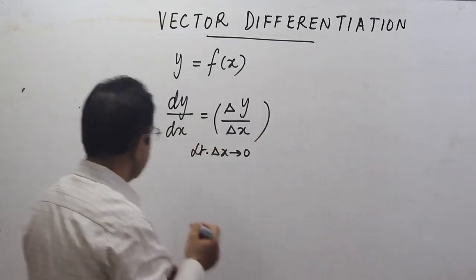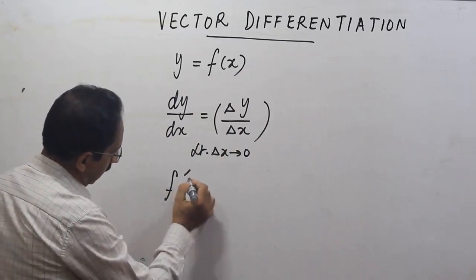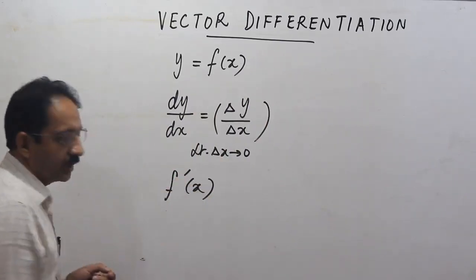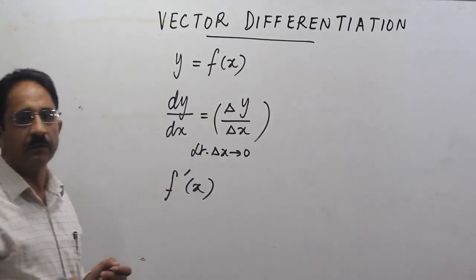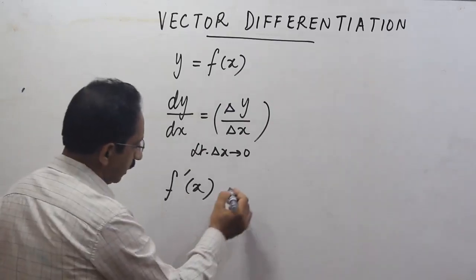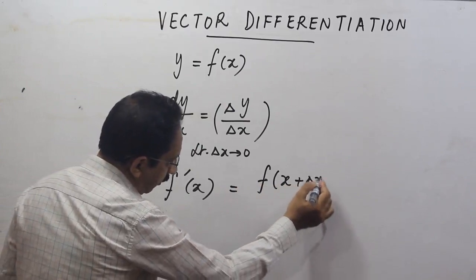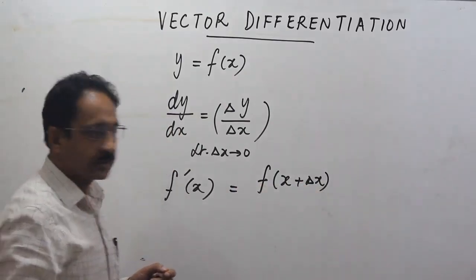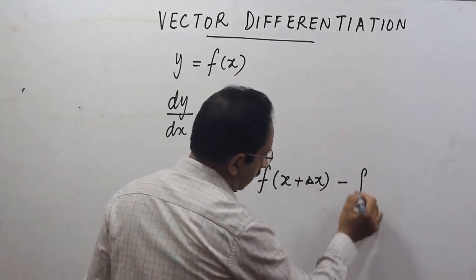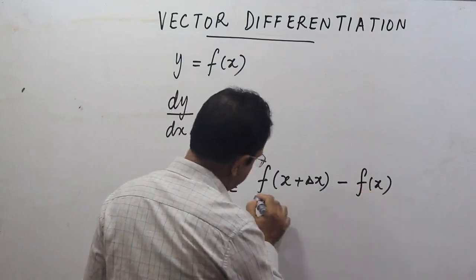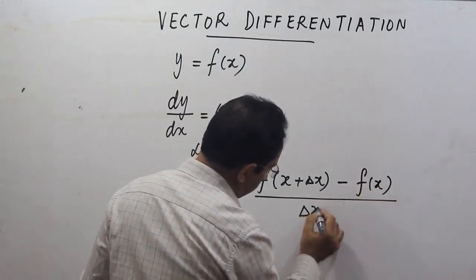So mathematically, I can express that f dash x, which indicates the derivative of f of x with respect to x, would be equal to the value of this function at a point x plus delta x, minus the original value of the function at the point x, divided by delta x.